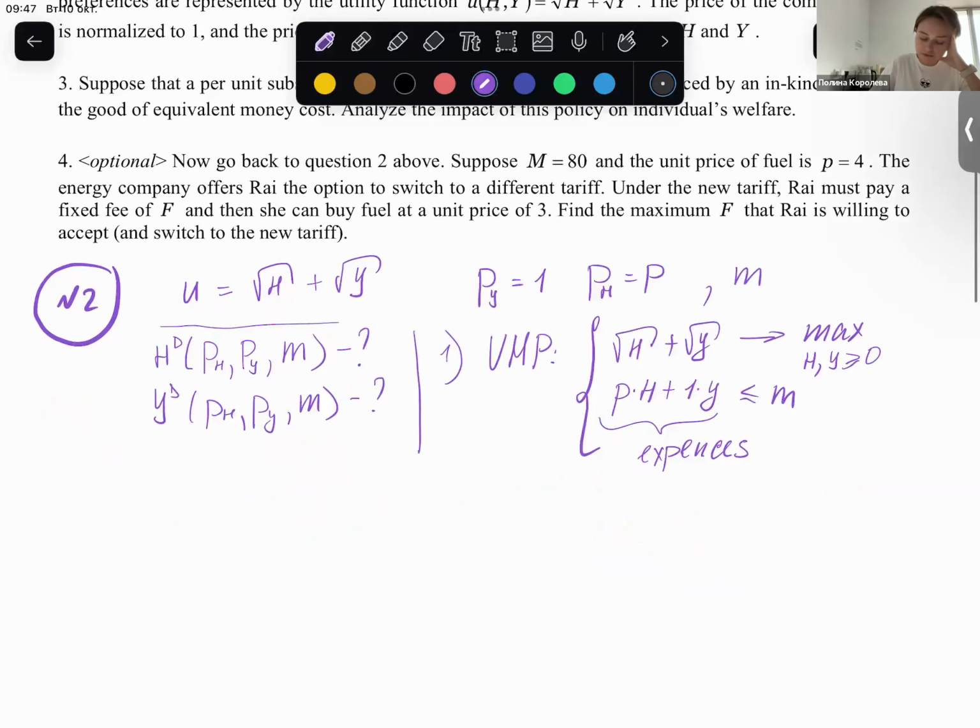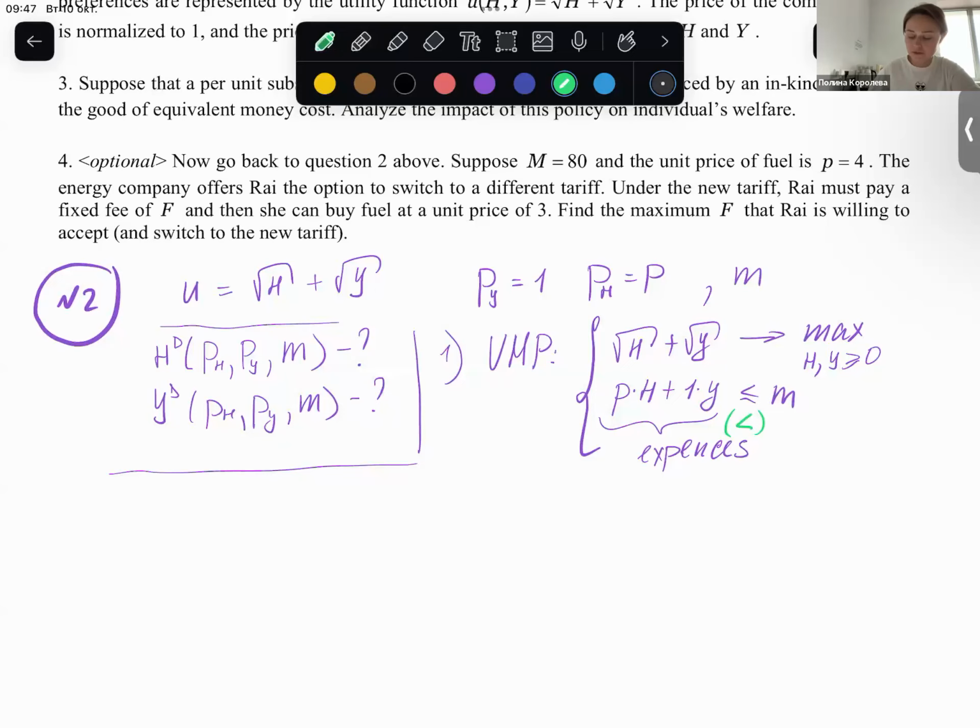The first step of the solution is to prove that we will spend all our monetary income. There are different ways to prove it. The easiest way is to assume that we spend less than our income and to prove that it is not optimal for us, because there can be a better solution of our utility maximization program.